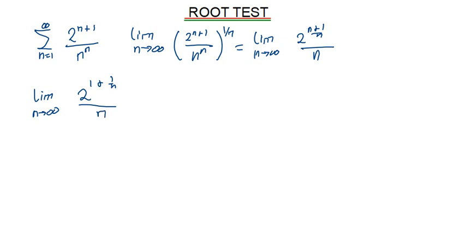Okay, so what do we have now? This is more like saying the limit as n approaches infinity of 2 multiplied by 2 to the 1 over n, divided by n there. So how are we able to simplify what we have?